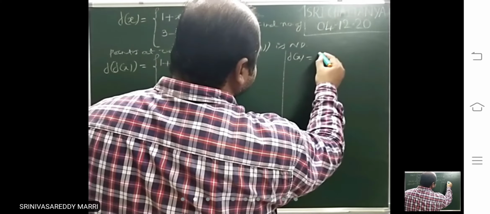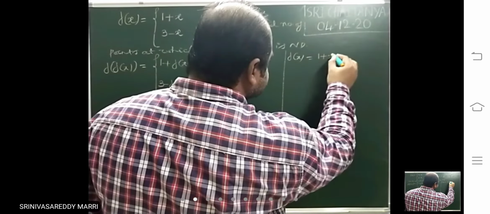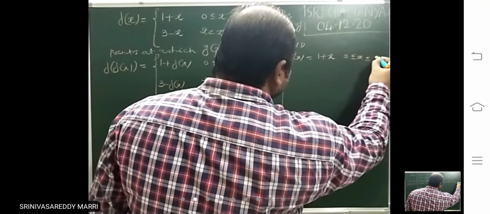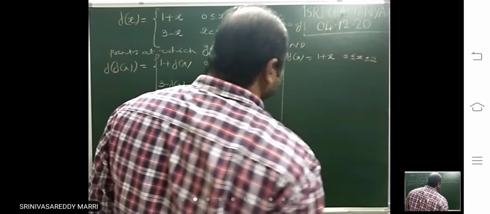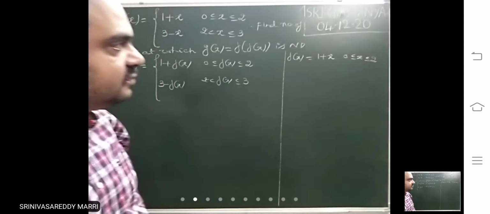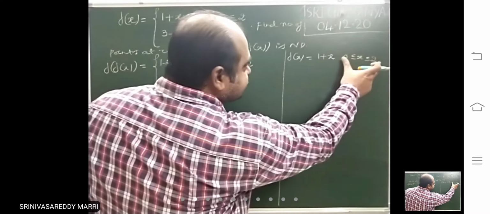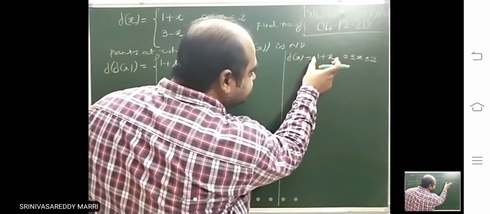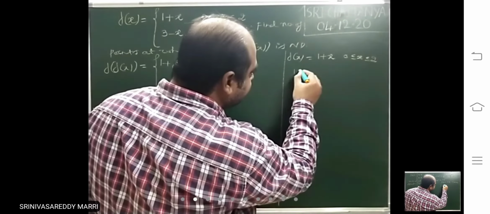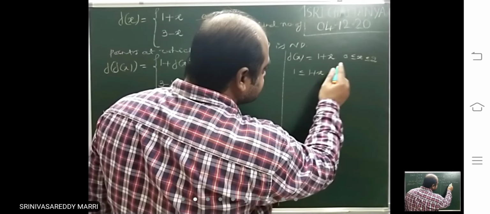For this x interval, which f of x lies between 0 and 2. f of x equals 1 plus x, let us say, for x from 0 to 2. If this is f of x, then x is lying in this interval. f of x is 1 plus x, add 1 to it. That means 1 less than or equal to 1 plus x.